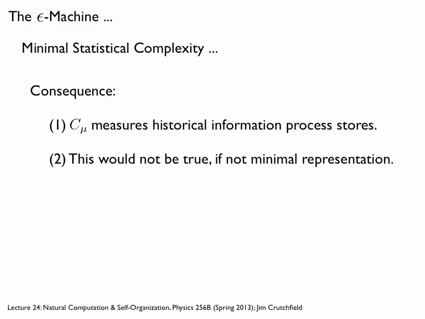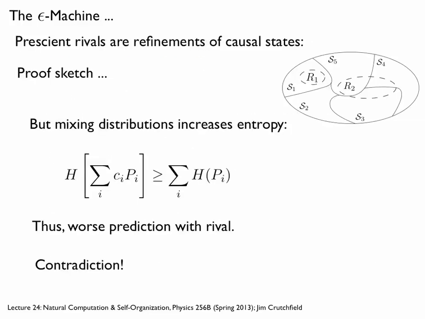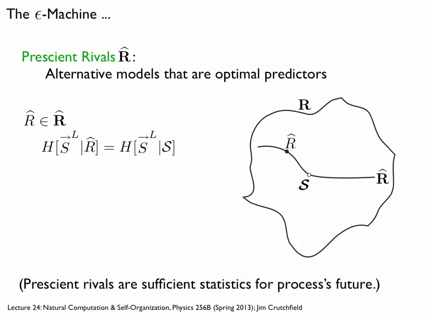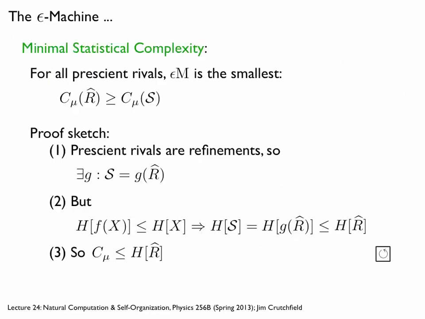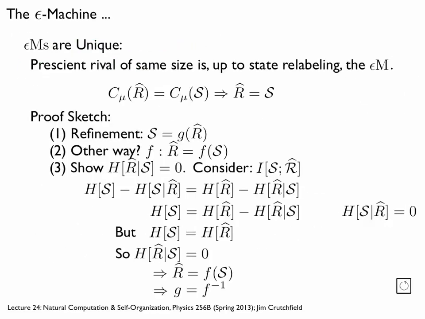Well, you could say, okay, you showed me that within the prescient rivals, the equally predictive alternative models, the epsilon machine is the smallest, but there could be other equally small predictive machines too. Why not? So it turns out that, in fact, the epsilon machines are unique.